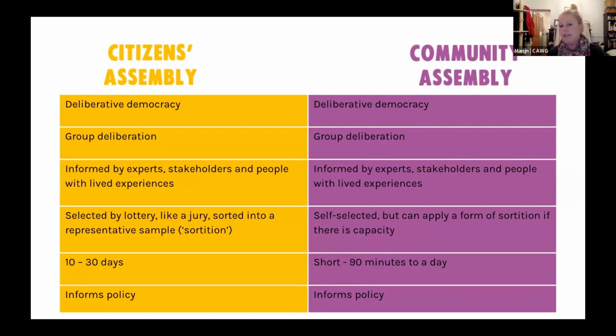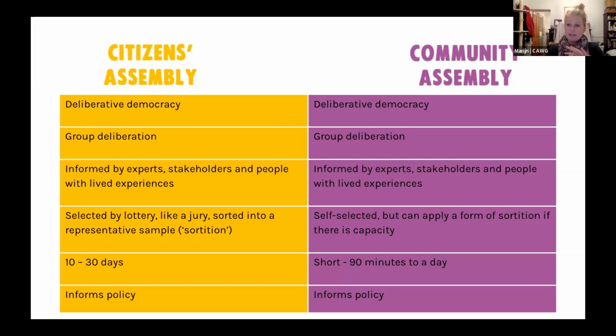And then also people with lived experiences. So in a cycle lane, that could be someone who's, for example, had an accident because there was no cycle lane, that sort of thing. There could be a person with lived experiences. Now, the difference is that a citizens' assembly is a very robust, rigorous process with some basic minimum standards, and it runs through a process called sortition, which literally means it's selected by lottery, very much like our jury service in the UK.